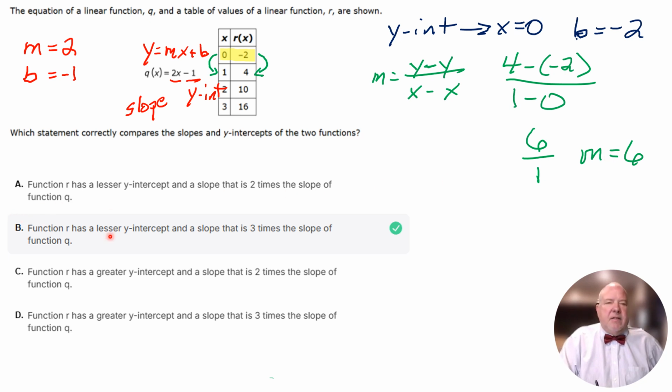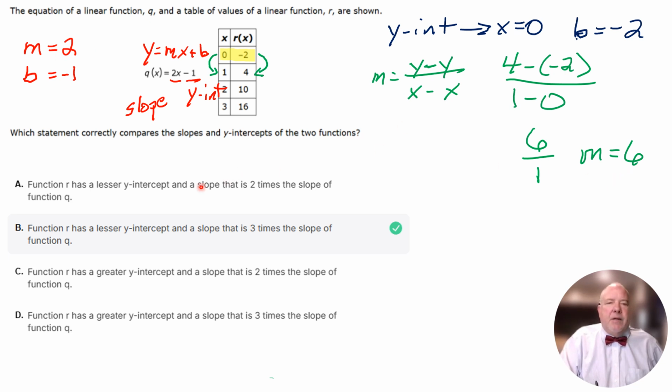Now if I look at the answers here, let's look at the y-intercepts. We have a y-intercept of -1 for q and a y-intercept of -2. So r has a lesser y-intercept. That's true. And a slope that is 2 times the slope of function q? No, the slope is 3 times because this is 6 and this is 2.